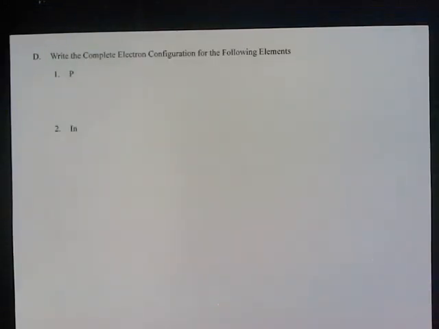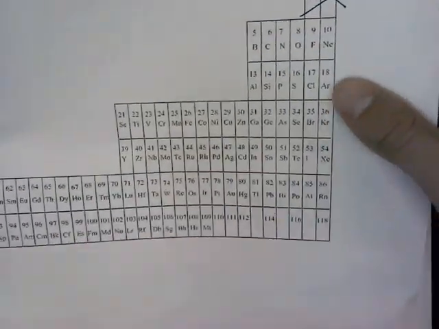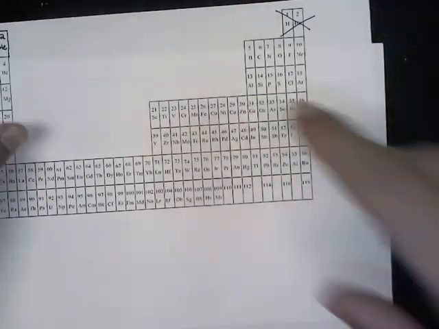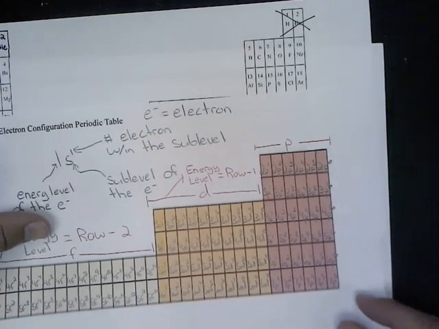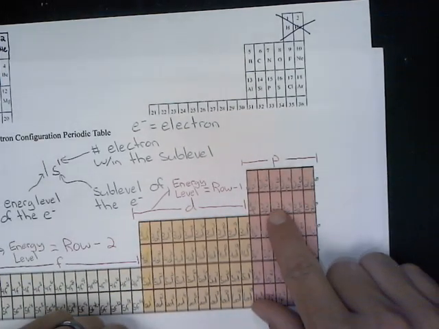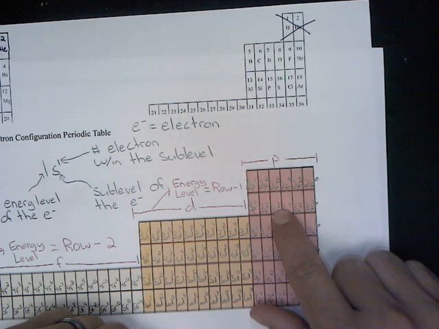The first element is phosphorus. We look on the periodic table and find P for phosphorus. It is element number 15. Now I take that periodic table we just looked at and correlate that box, and we have to be careful here, but phosphorus would be here at 3p3.